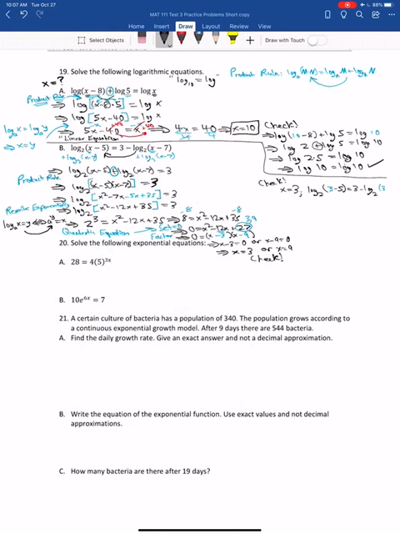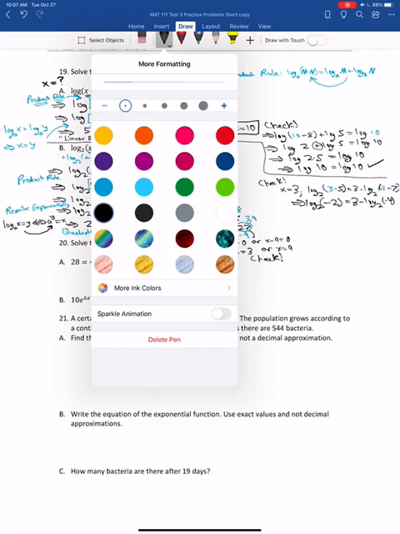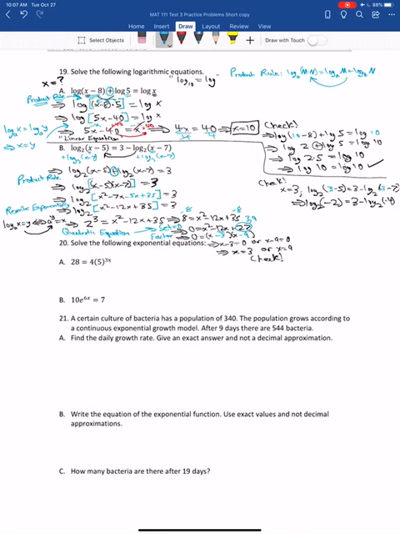We plug in the 3 for x. And with that said, we have a problem. Log base 2 of 3 minus 5 is log base 2 of negative 2. You cannot take the log of a negative. Logs are undefined for those negative values. So we have to have values greater than 0. That's our domain restriction on logarithms.